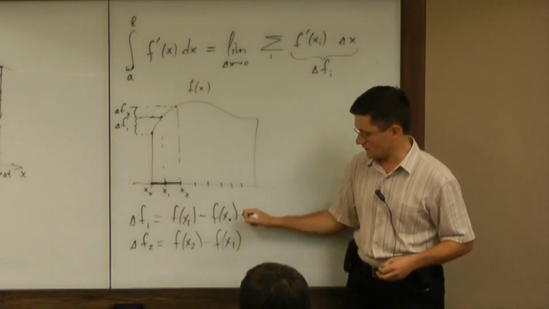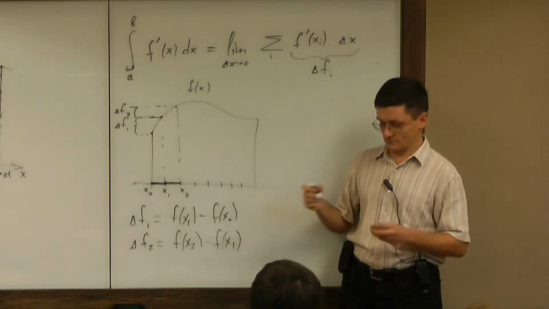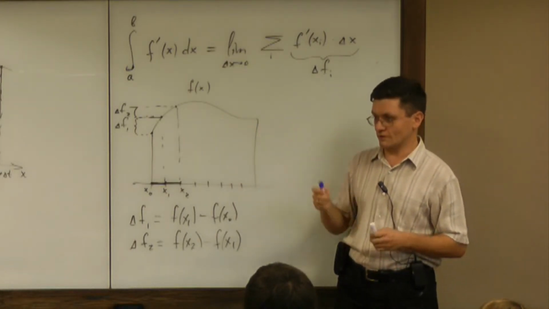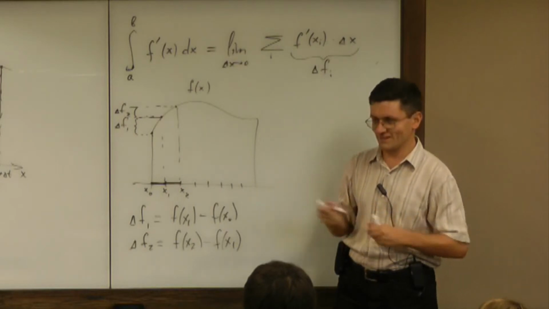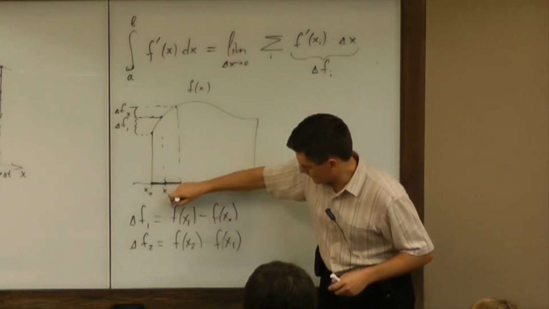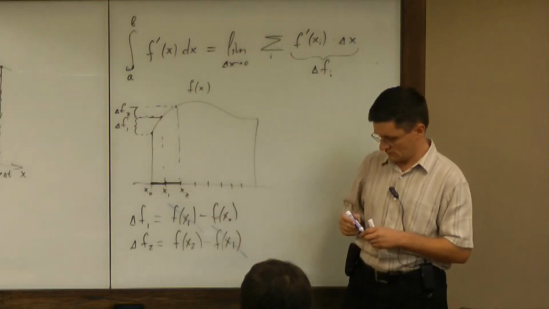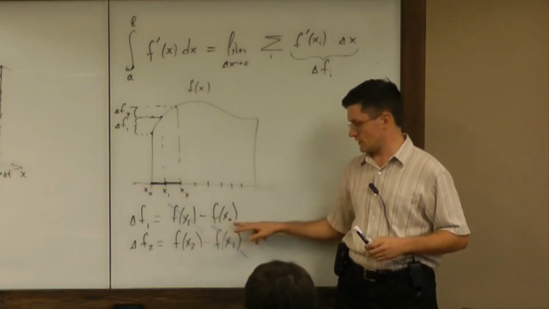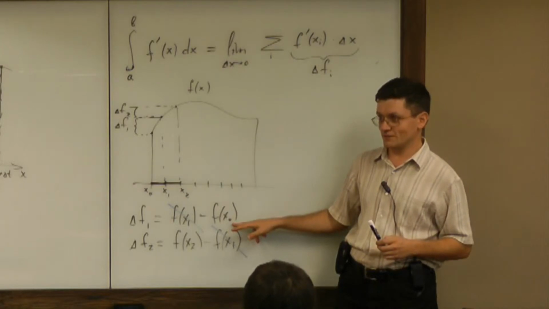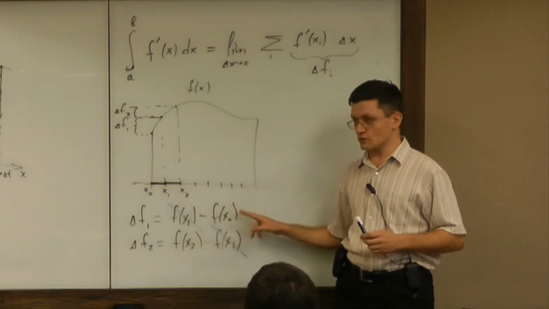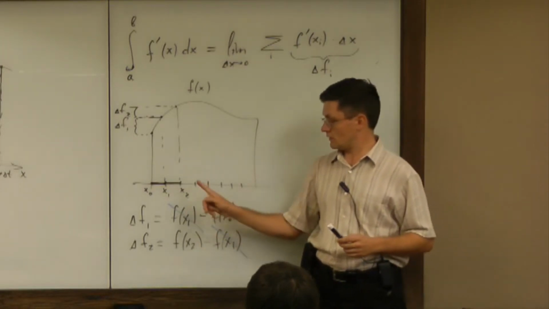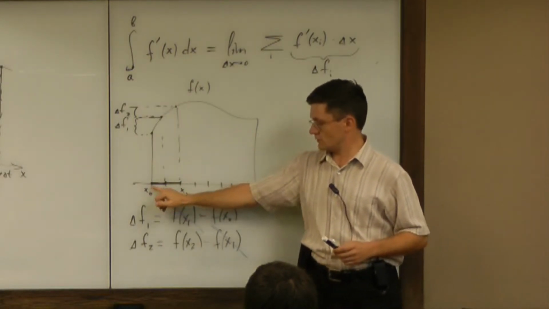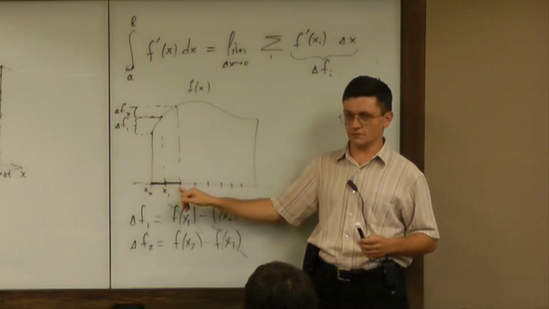What happens when I add these two together? Cancellation. That's what we do the whole class, right? We cancel here and there. So we cancel f of x1, and what we have is f of x2 minus f of x0. And the meaning of that is the total change over the union of those two intervals.